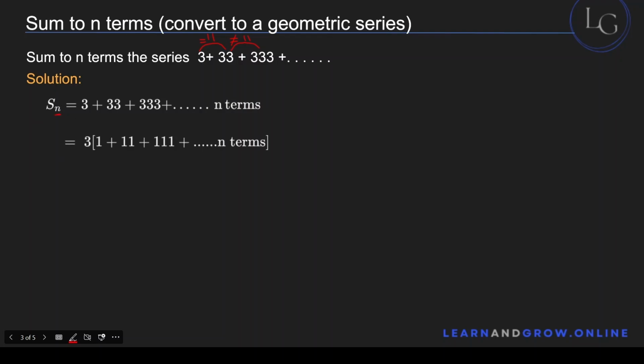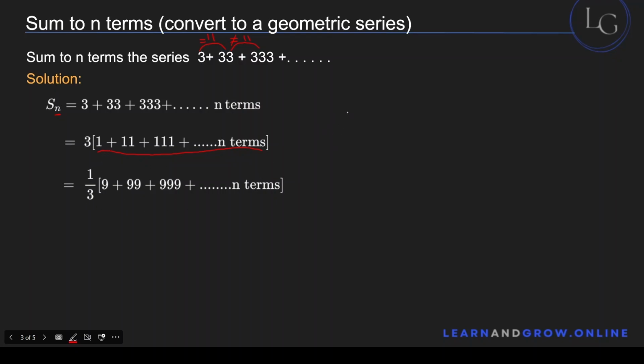First of all, we'll divide the whole series by 3. So 3 into 1 is 3, 3 into 11 is 33, 3 into 111 is 333, and so forth till n terms. So now we have this series. But again, this is not a geometric series. So what we'll do now is we'll approach the question like this.